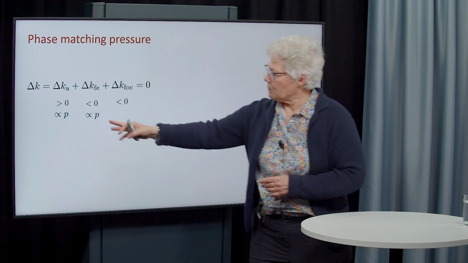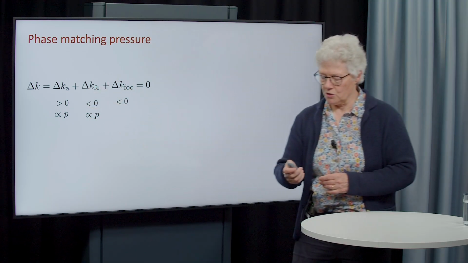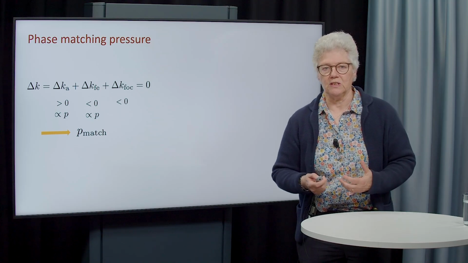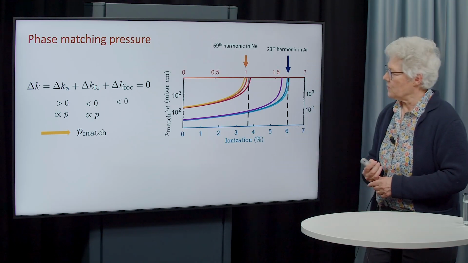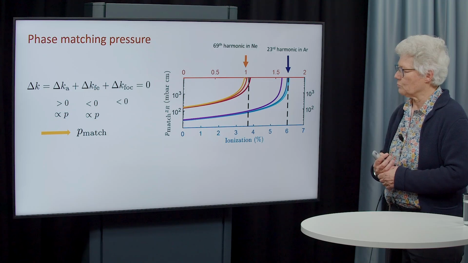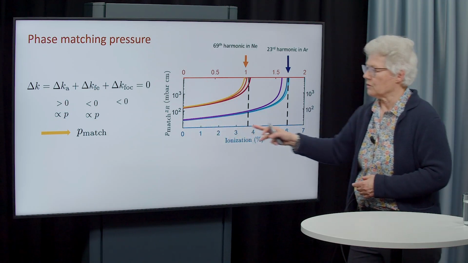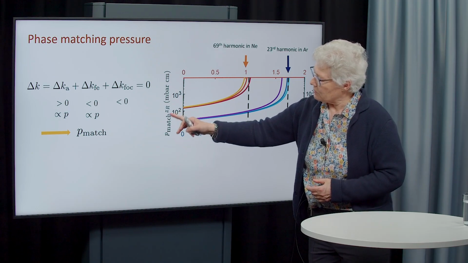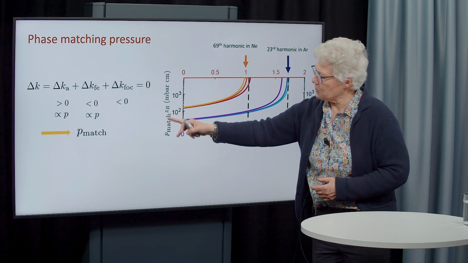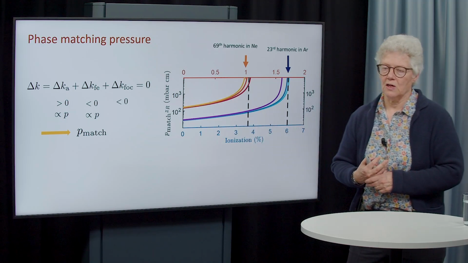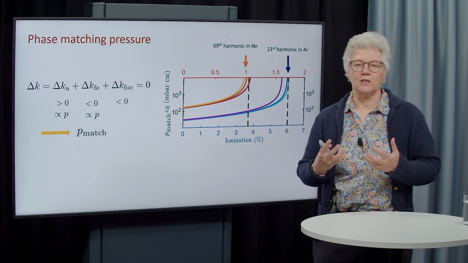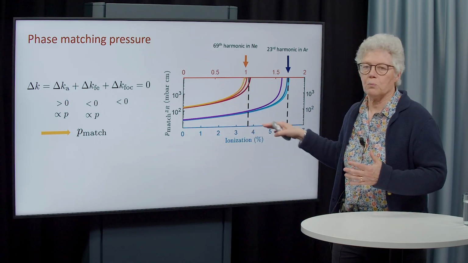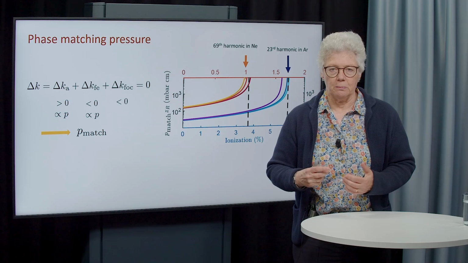So you see that by solving this equation, you can extract a phase matching pressure, the pressure which is needed to achieve phase matching. And this is a plot of this phase matching pressure as a function of ionization degree. I'm not exactly showing this phase matching pressure, but the phase matching pressure times the Rayleigh length. This is to account for the geometrical scaling that I've introduced before, and that makes this plot geometry independent.